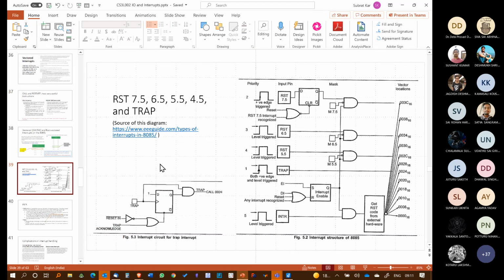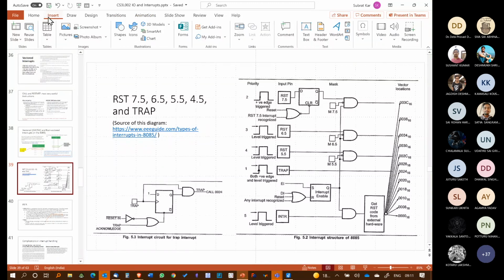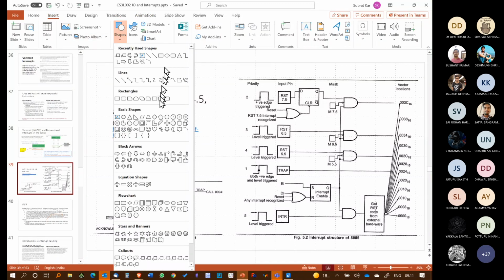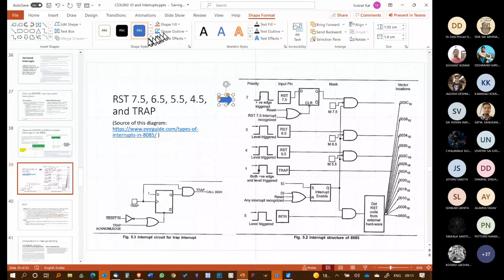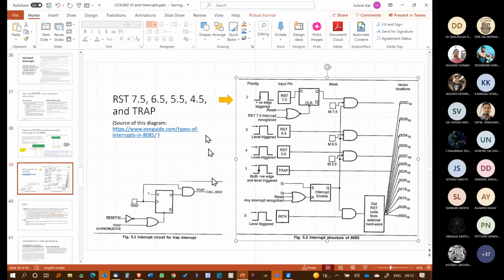Now look at this. So let me put this marker here, and let me put a quick shape. All right, fine. This is a good marker. So if you look at the lowest priority interrupt, 7.5, it looks like this.